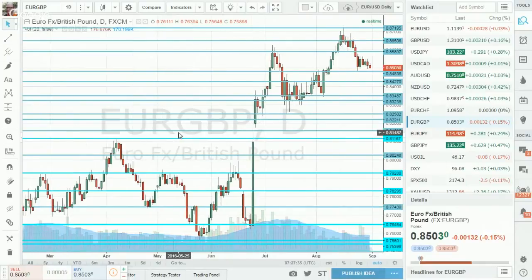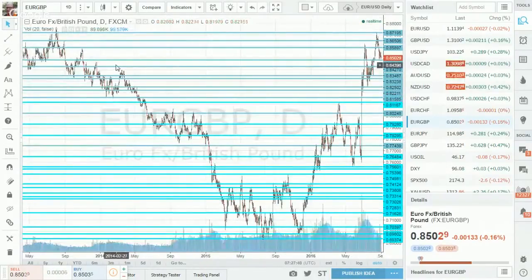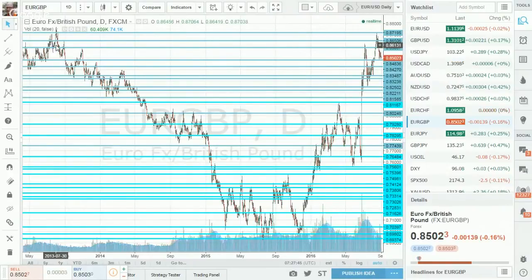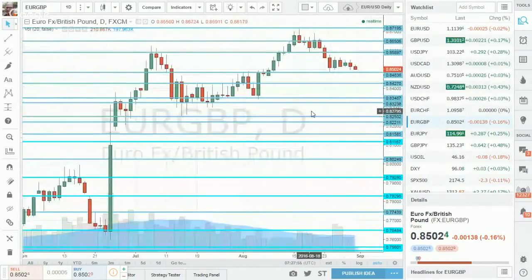Some of these levels date back to the time when the pair was trading on higher ground, which is the summer of 2013. Since then, the euro weakened against the pound, strengthened, and of course strengthened quite a lot after Brexit.